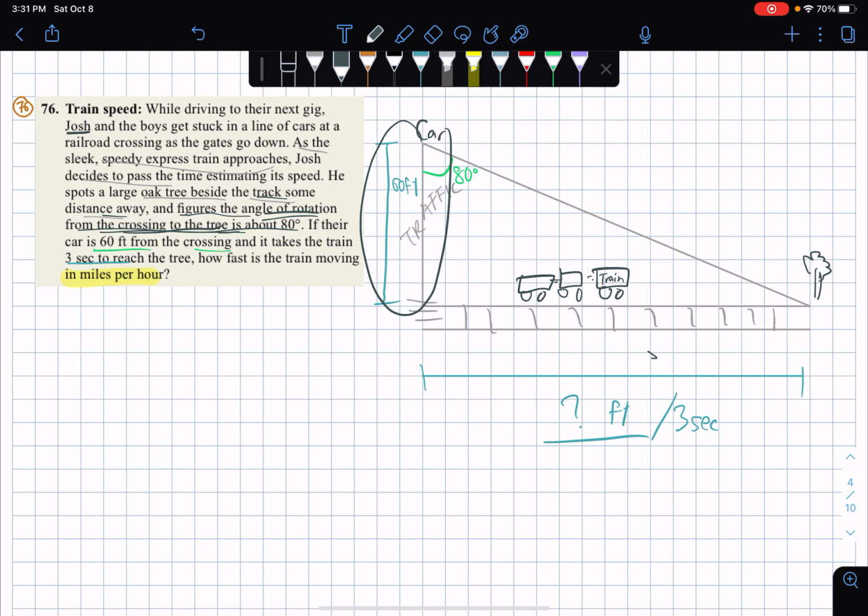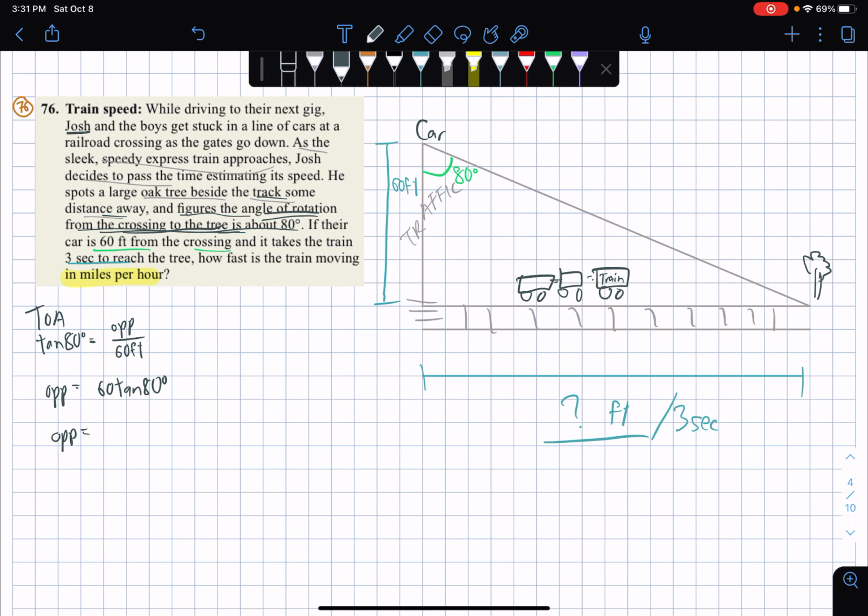So, adjacent, opposite, obviously it's TOA. So, tangent 80 degrees is equal to opposite side over 60 feet. Opposite side is equal to 60 tangent 80 degrees. So what will our answer be?